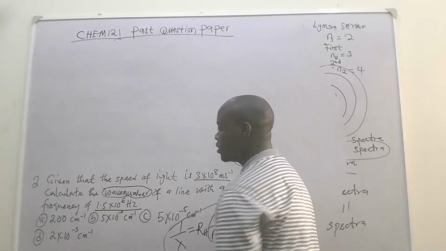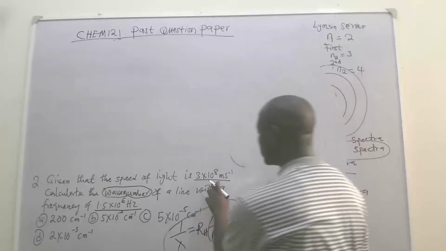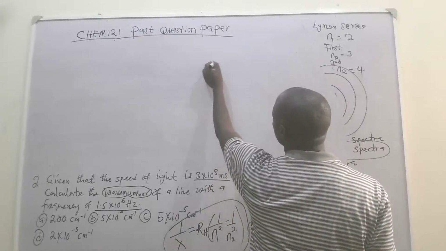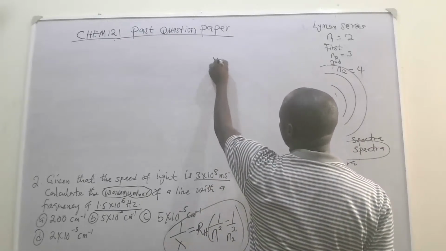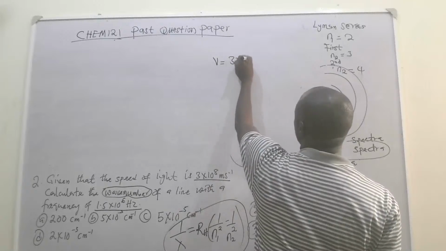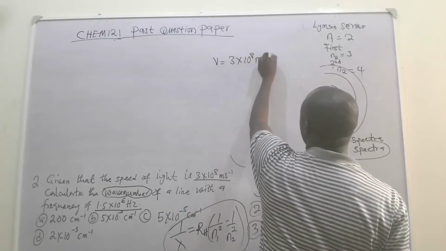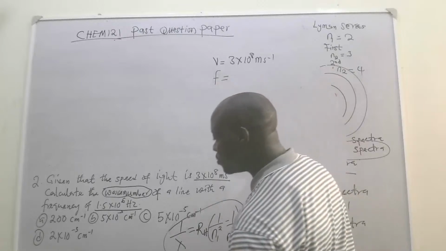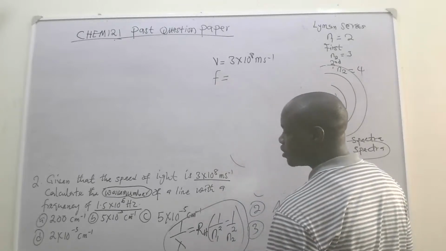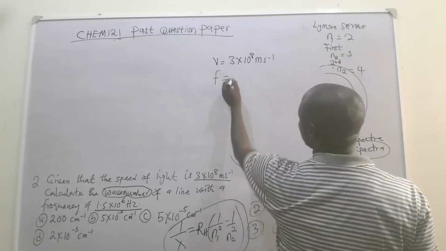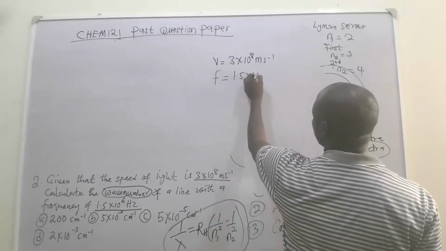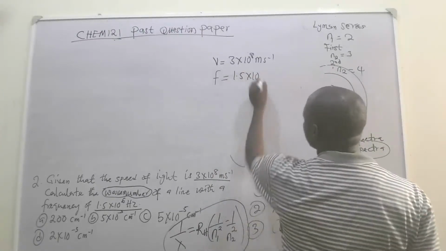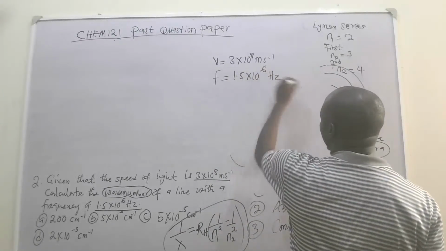So therefore, in this case, from the question we are given the speed of light. We have v, the speed of light, equal to 3 times 10 raised to the power of 8 meters per second. Then we have frequency, given as 1.5 times 10 raised to the power of 6 hertz.